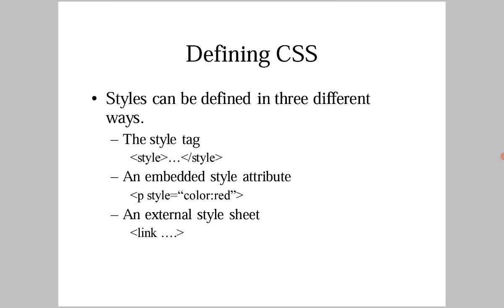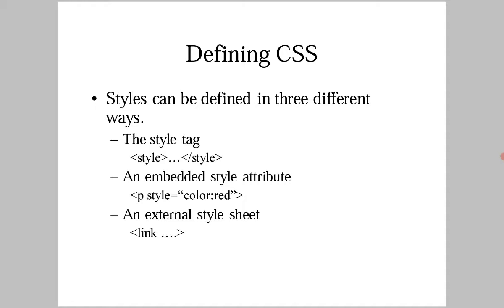So what is CSS? Styles can be defined in three different ways: the style tag, an embedded style attribute, and an external style sheet. So CSS or style sheets are basically of three types or three categories. The first one is by using the style tag within an HTML page or code. By using the style tag we may use CSS or style sheets within an HTML page.